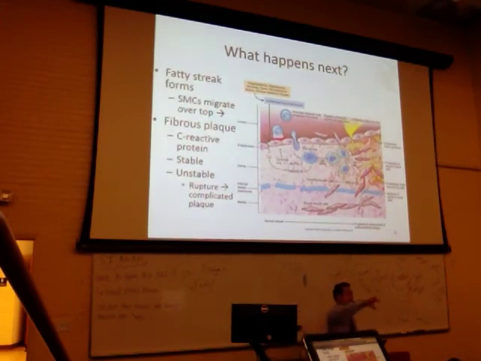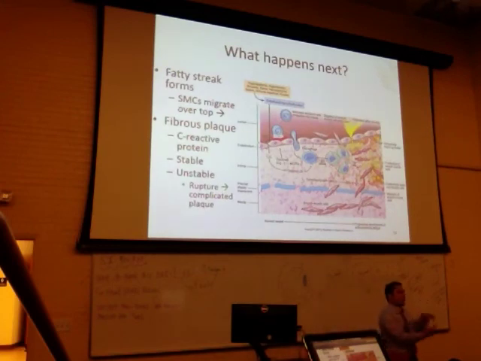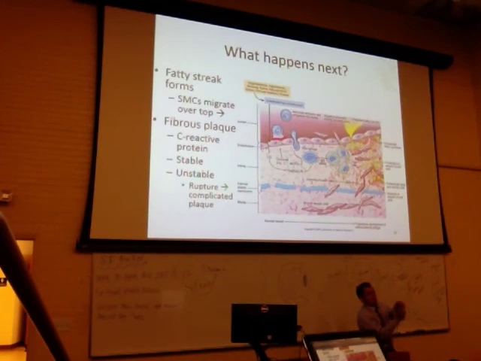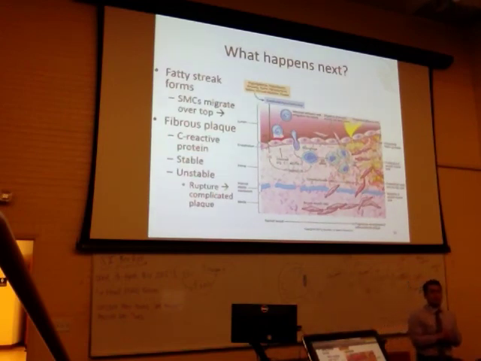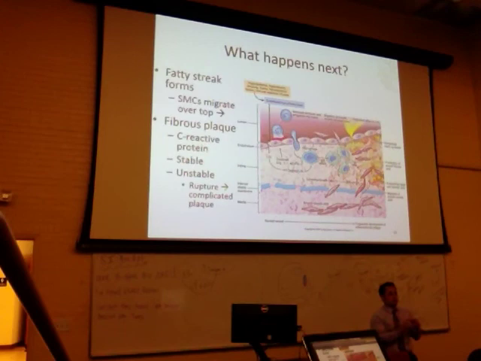Now this plaque could form a stable plaque, which means that it's going to continue to grow and close off over time, or it can become what we say unstable. And this is what was being asked about a little bit earlier. So an unstable plaque is one that is hard but brittle, and if it's pressurized, it's at risk of what?